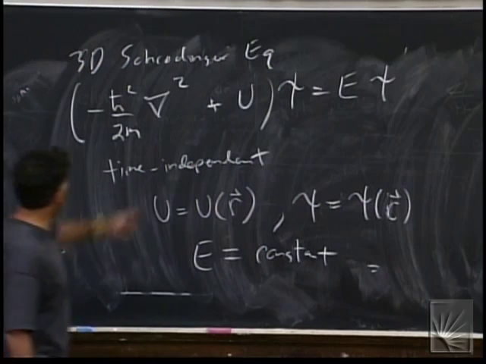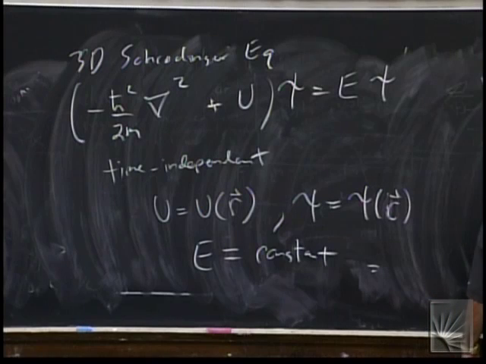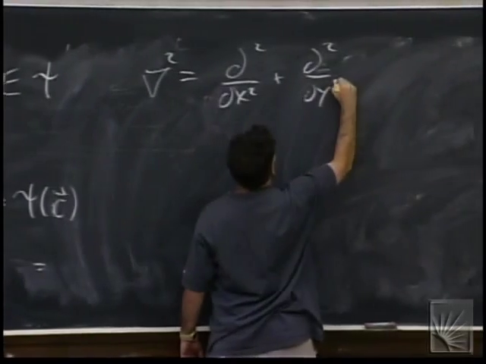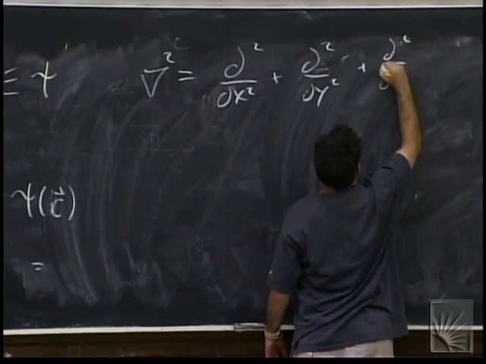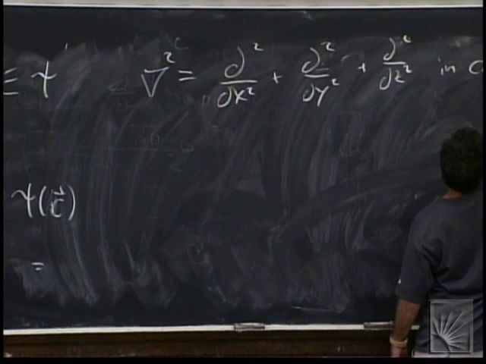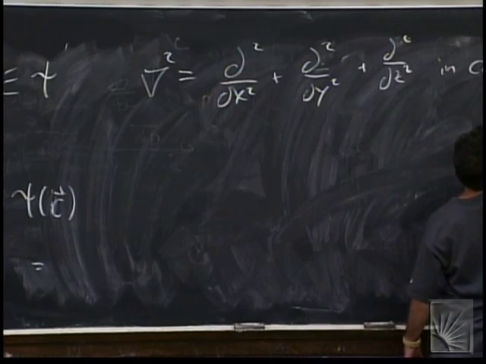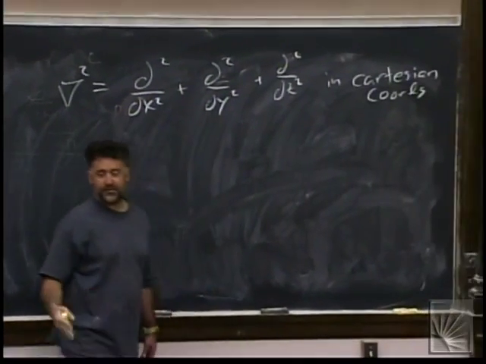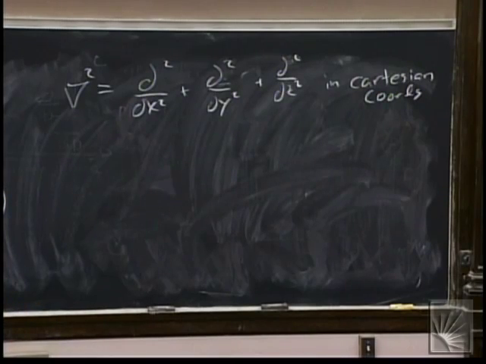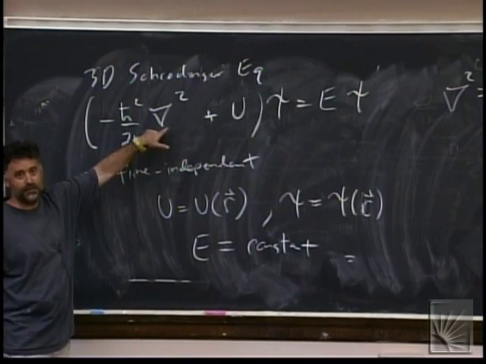And this del squared is equal to d squared dx squared plus d squared dy squared plus d squared dz squared in Cartesian coordinates. You have different representations of del squared. When you write it down this way, you're writing it in a coordinate independent way, which is the best way to write it down.